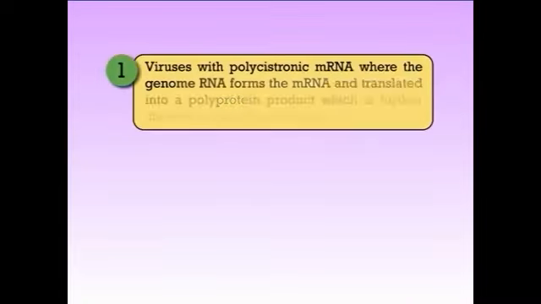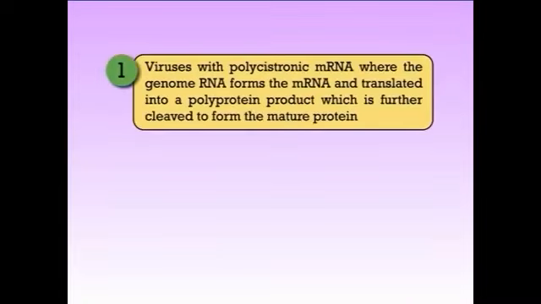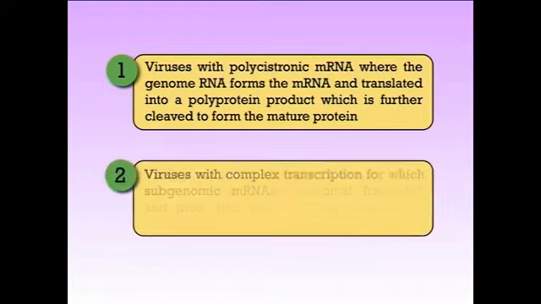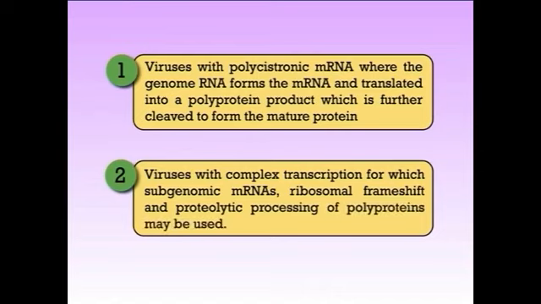The first group includes the viruses with polycistronic mRNA, where the genome RNA forms the mRNA and is translated into a polyprotein product, which is further cleaved to form the mature proteins. In the other group are viruses with complex transcription, for which subgenomic mRNAs, ribosomal frameshift, and proteolytic processing of polyproteins may be used.